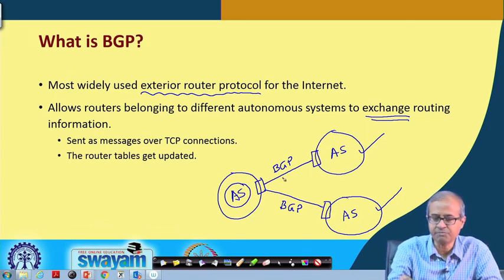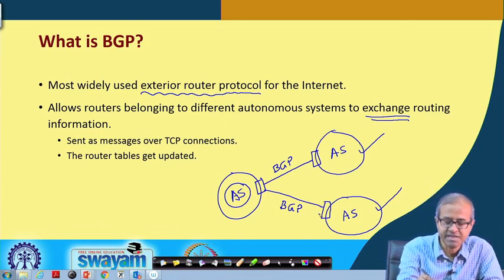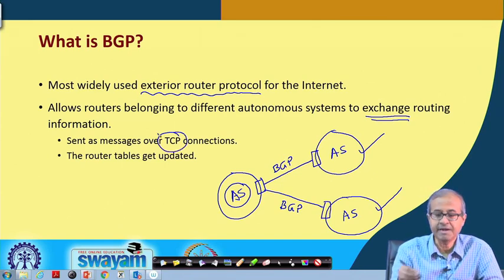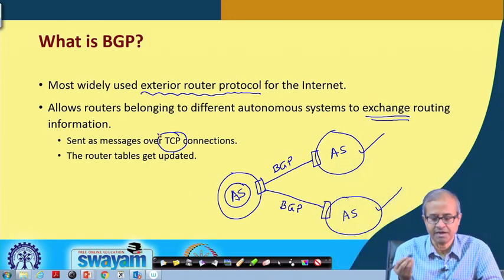And all these BGP messages are sent over TCP connections, and based on that, as I said, the routing tables of the routers get updated.